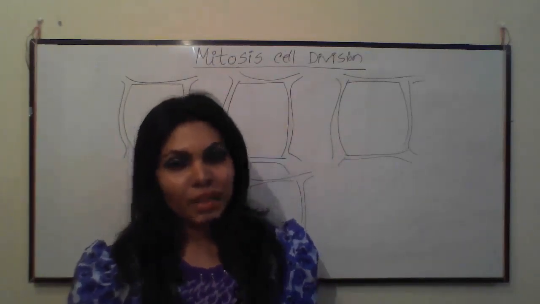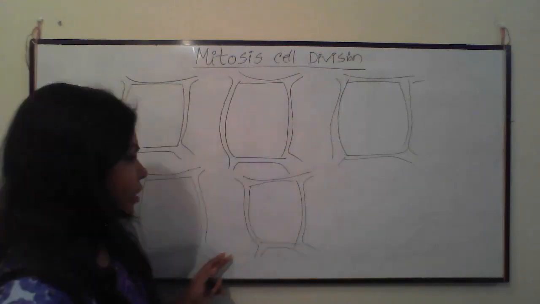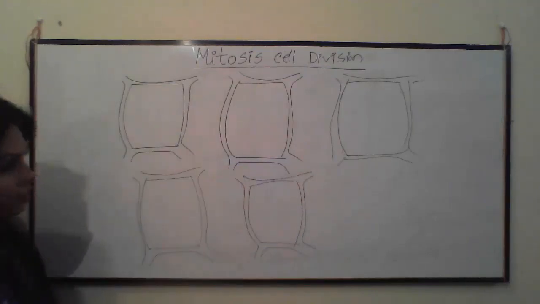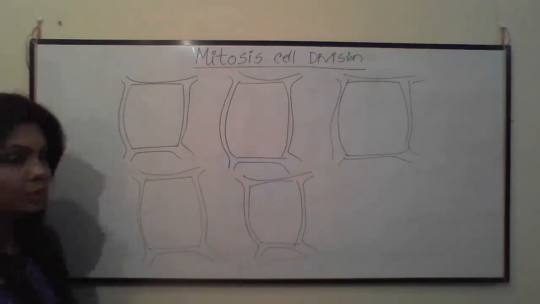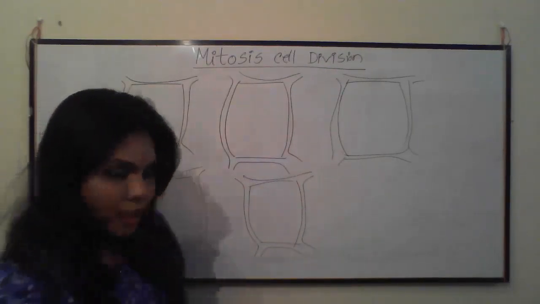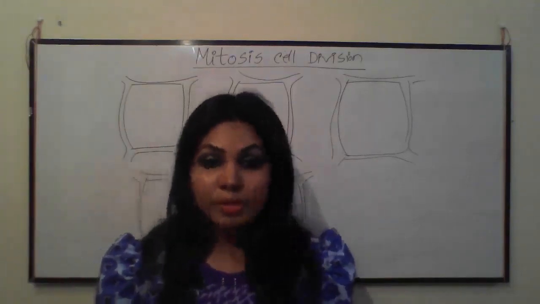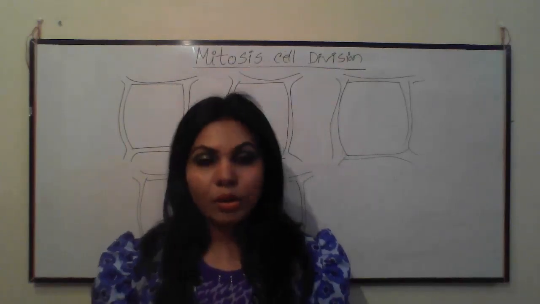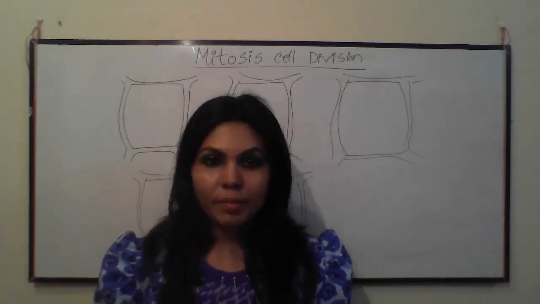Today I have taken a diagram. I have drawn the plant cell in five frames. Let's talk first about how mitosis cell division occurs in two phases.